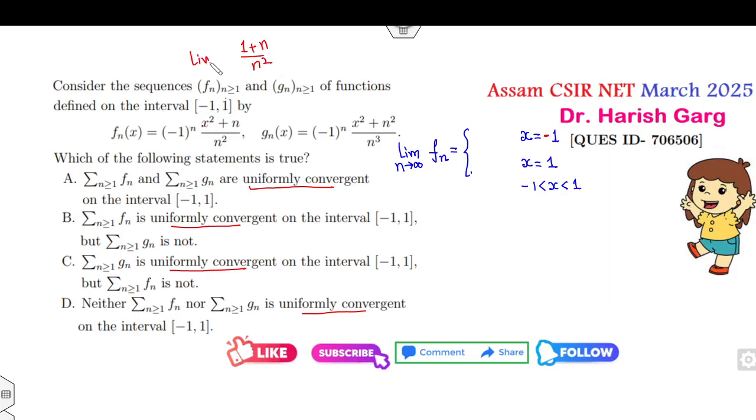Now if you take the limit as n approaches infinity, this number will be 0. Similarly, if you choose x as 1, it is again 0. If you choose x from -1 to 1, that number will again be n/n², which is again 0. So yes, this is pointwise convergent. Fine.